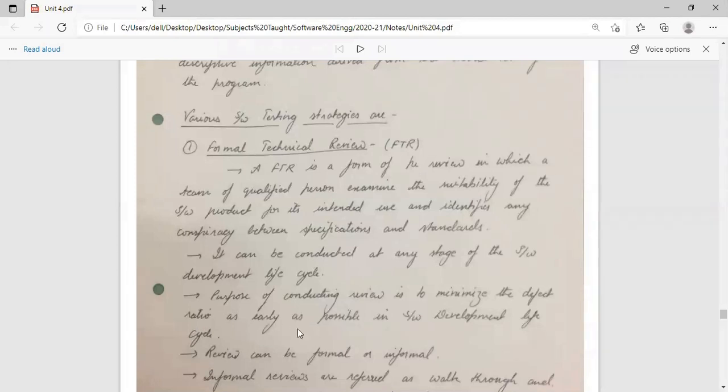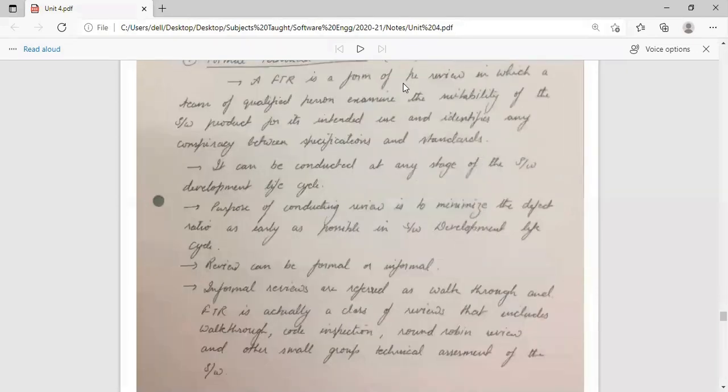Why as early as possible? We have seen this many times. Because an error detected at an early stage will not have a higher maintenance cost. If it is detected at a later stage, it will have higher maintenance cost and it can lead to a failure or fault in the software that is not acceptable to the user.